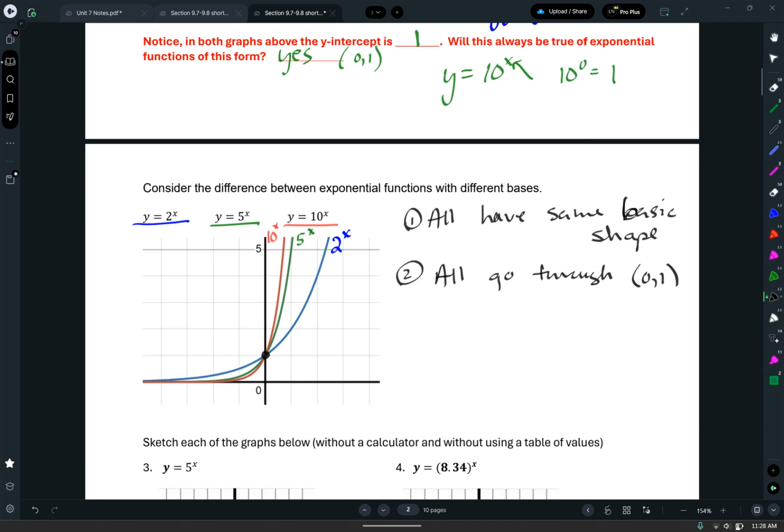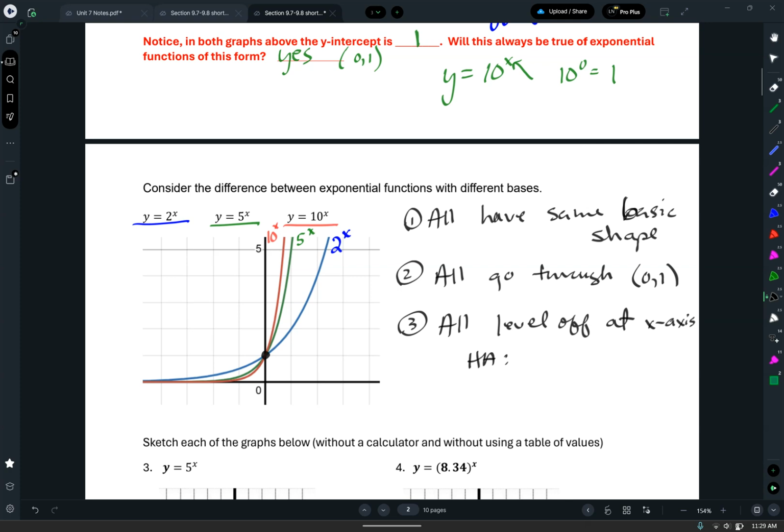Okay. And then the last thing I'm going to say is notice all of the graphs as you go out to the left, they all level off at the x-axis. So what does that mean? That means there's a horizontal asymptote on the x-axis. Well, what's the equation of the x-axis?